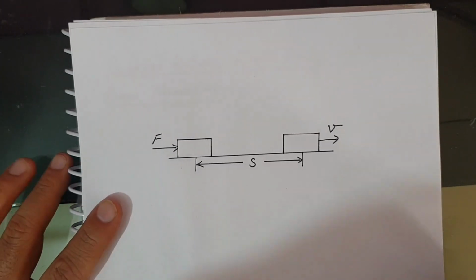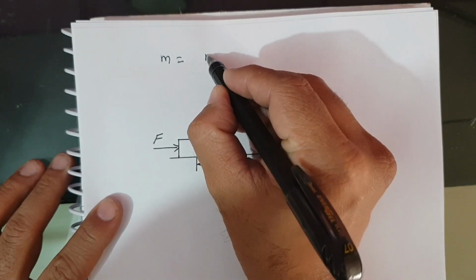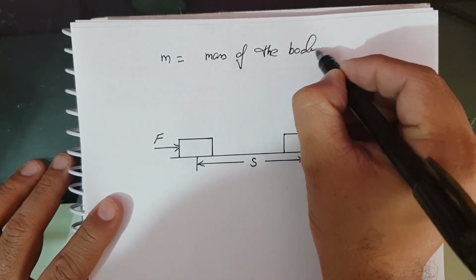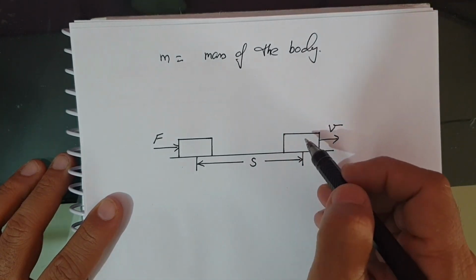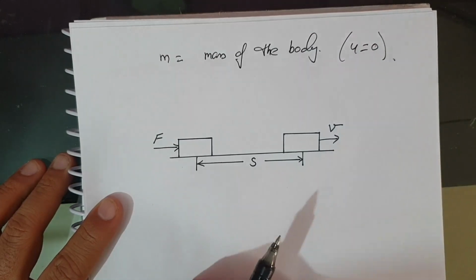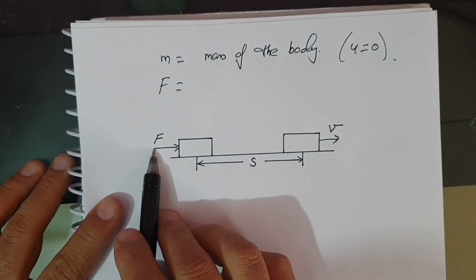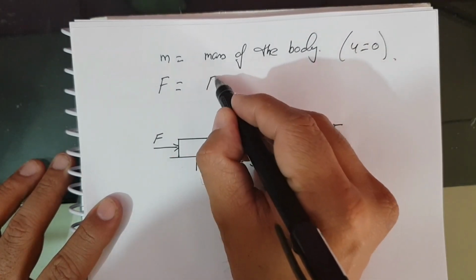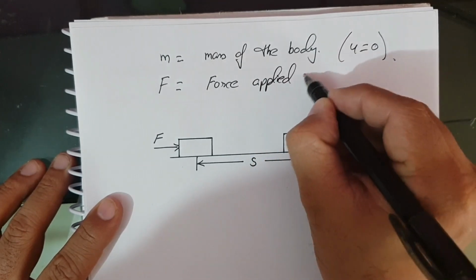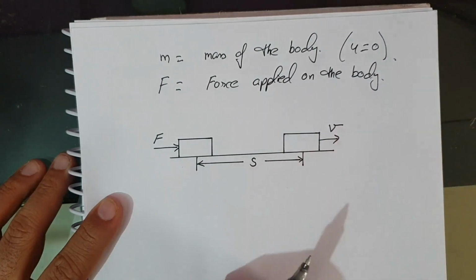Now, let m be the mass of the body at rest. The body is at rest, so its initial velocity u is 0. F is the force applied on the body.